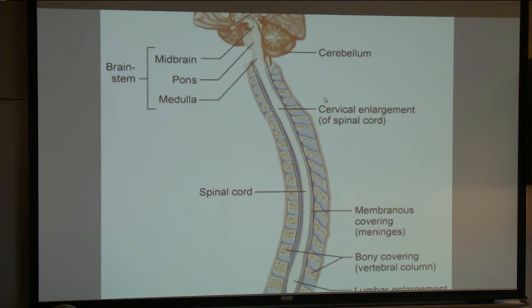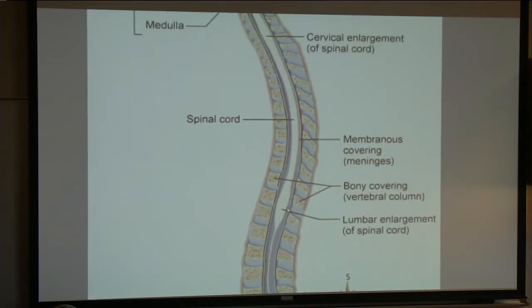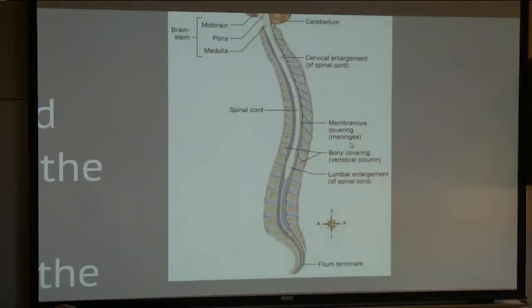Okay, so we'll see what this plexus looks like a little bit later, but it's a network of nerves, so a network of these spinal nerves that are going to leave or come to the spinal cord. So there's a big cluster of them in the cervical region and then a big cluster of them down here in the lumbar region. But on this picture you can see the bony covering, the encasement around the spinal cord, which would be the vertebrae, of course, and then a membranous covering, which would be the meninges themselves.